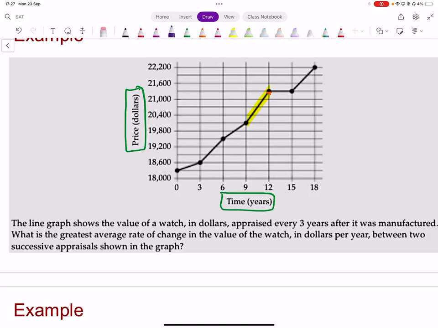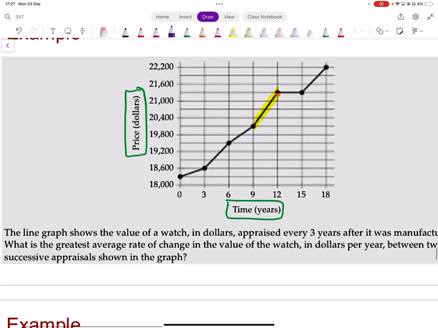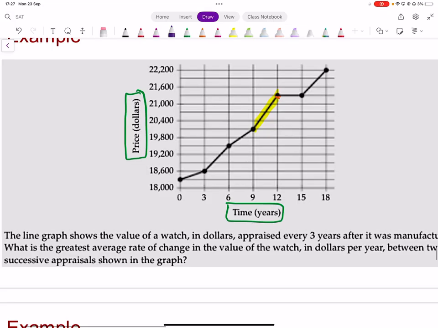Now, what's the change here? Now you have to be able to read the graph properly. Its axis, the values are changing by 600. What that means is this number here is going to be 300 more than 19,800, which is 20,100. That's this point, 20,100. And then this point is 21,300.